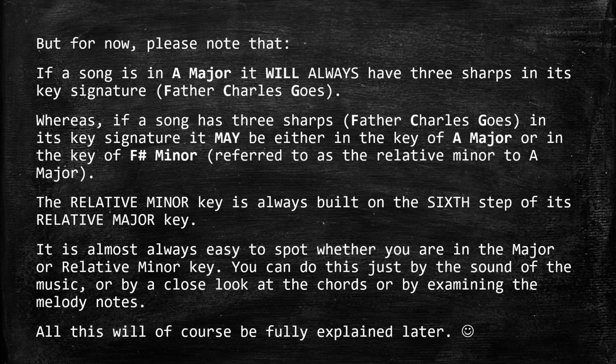It is almost always easy to spot whether you are in the major or relative minor key. You can do this just by the sound of the music, or by a close look at the chords, or by examining the melody notes. All this will of course be fully explained later.